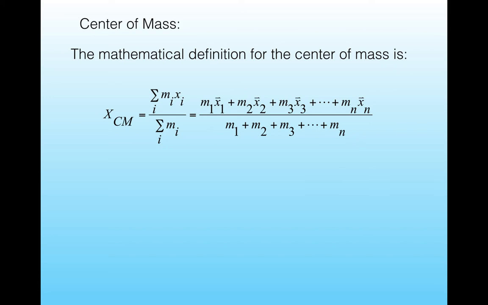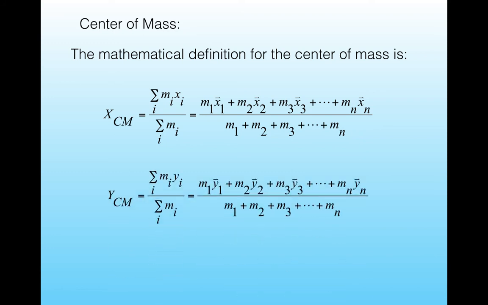If the particles are discrete, you can say m1, the mass of particle 1, times the position of particle 1, and then add that to particle 2, particle 3, and so on for all of the particles that you have. Divide that by the total mass of the system. The same thing happens in both y and z, and you can do this for all 3 dimensions and figure out where the center of mass is for each one.